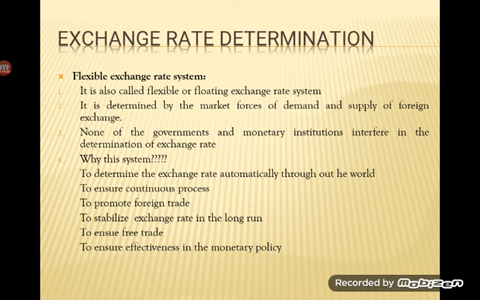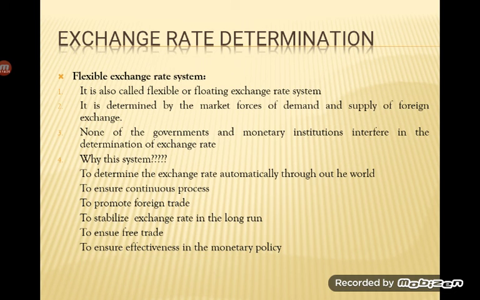To stabilize the exchange rate in the long run. When the IMF adopted the fixed exchange rate system, it was a very rigid exchange rate system. The rigidity was actually very suffocating. That's the reason why every country adopted the floating exchange rate system. So in order to stabilize the exchange rate between various currencies in the long run, it is better to go for a flexible exchange rate.